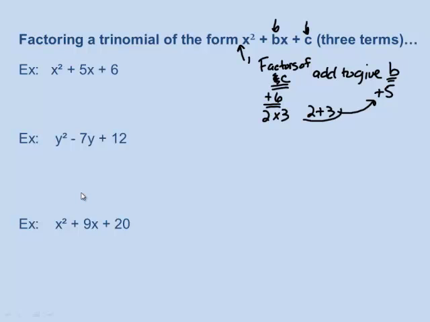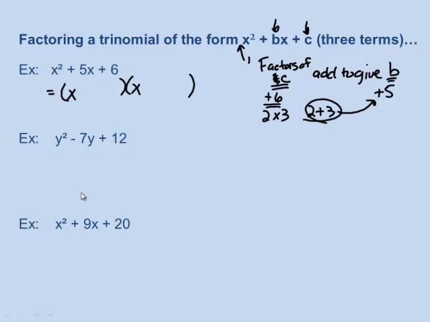Once we find those factors, if this is one of the simpler trinomials, we'll simply write our binomial groups. The variable in the problem will be in the first position in each group, and the factors that we just found will be the last terms.